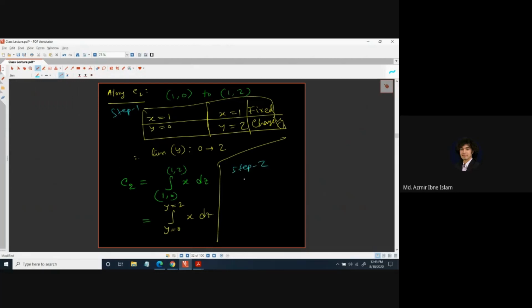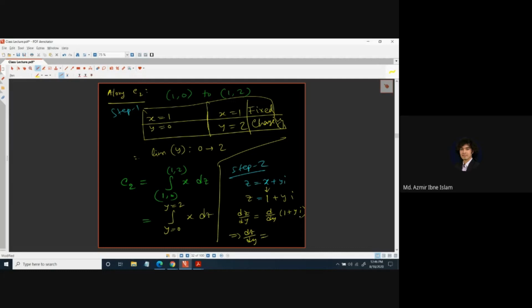And step 2, here we have z equal to x plus yi. At first input the fixed value, x equal to 1, plus yi. So this is z. Since I am going to integrate in terms of y, we have to differentiate in terms of y. So dz by dy of 1 plus yi.